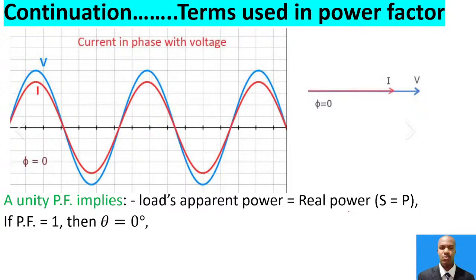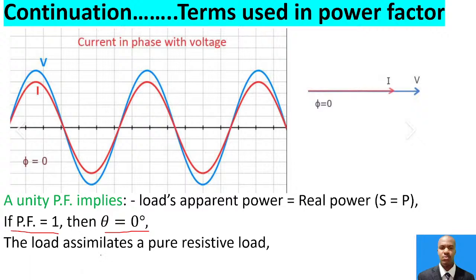Then again, at a unit power factor, we say it is equivalent to 1, and that implies the angle between the current and voltage is equivalent to 0. So at a unit power factor, the phase angle between current and voltage is equivalent to 0 degrees. Then at a unit power factor, the load assimilates a pure resistive load.